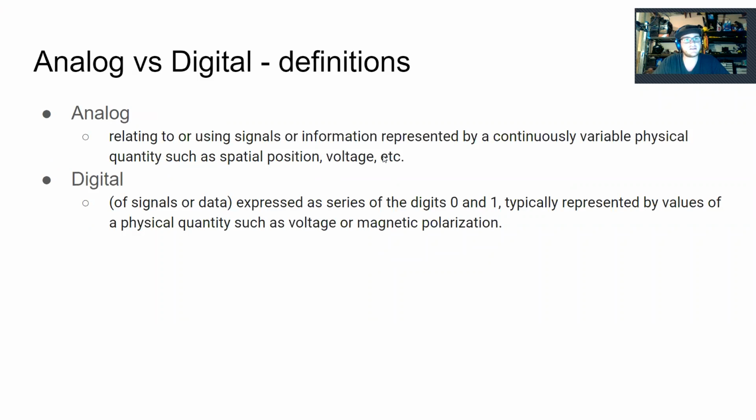So analog versus digital. These are just definitions I found on the Google. Analog is related to or using signals or information represented by a continuously variable physical quantity. And then digital, in modern day computing, everything's digital.